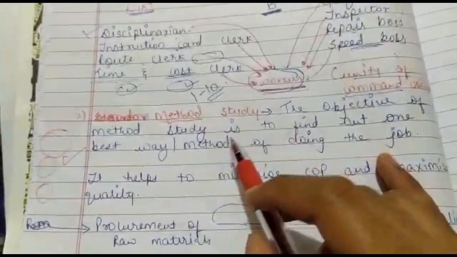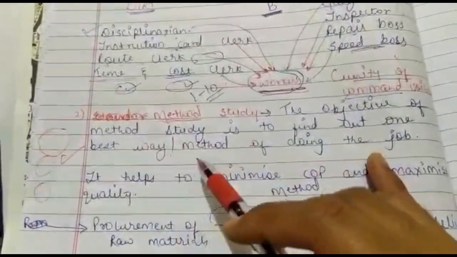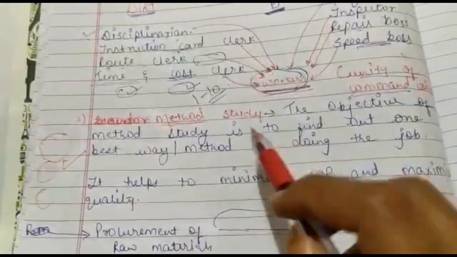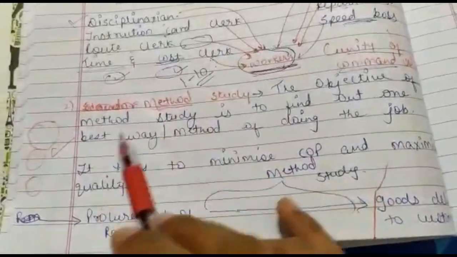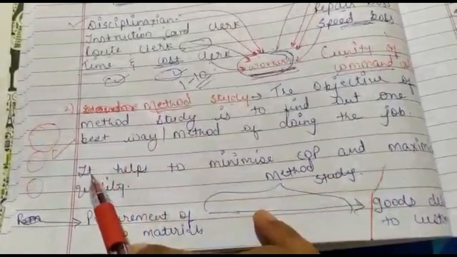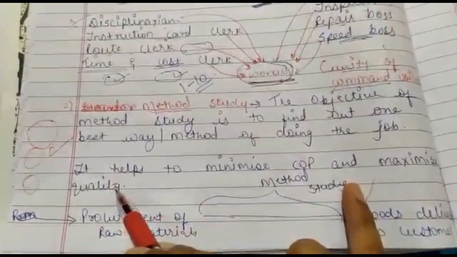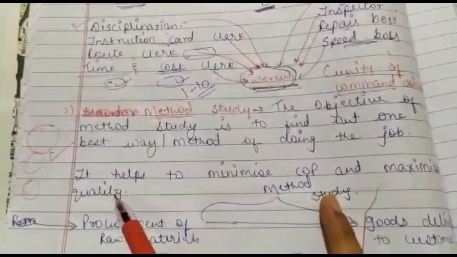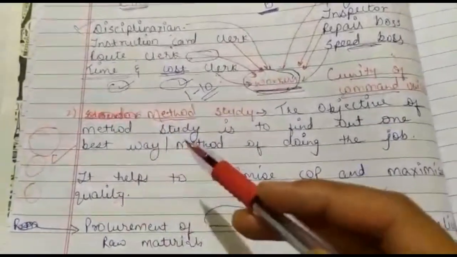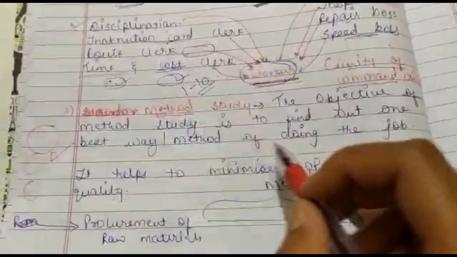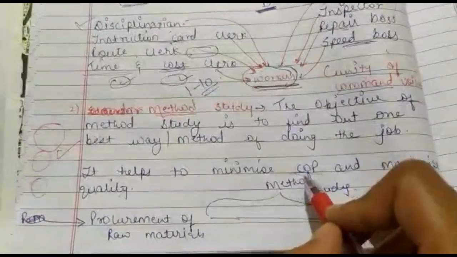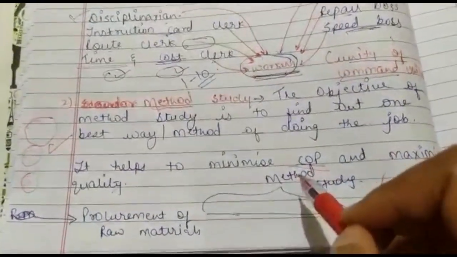The objective of method study is to find out the one best way or method of doing the job, and why Taylor has suggested this is because it helps to minimize the cost of production and maximize quality or the profit. If the quality increases, then automatically the profit of the company will also increase. So the main purpose of doing the method study is to minimize the cost of production.